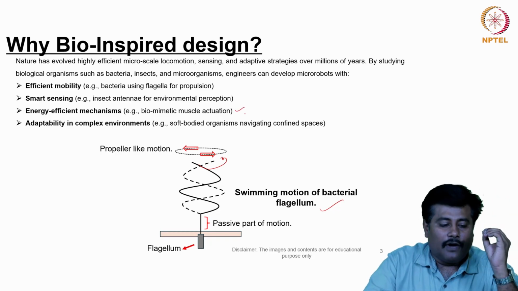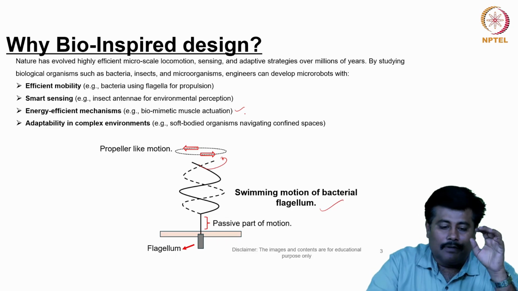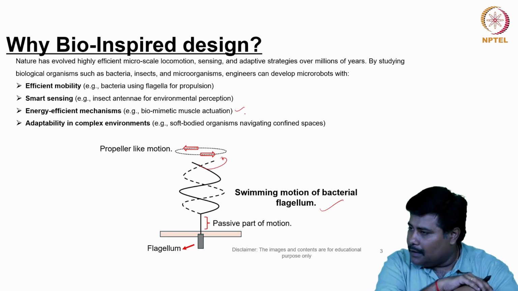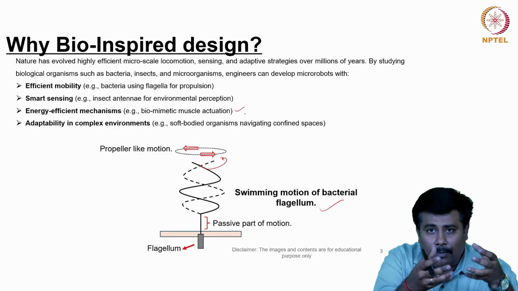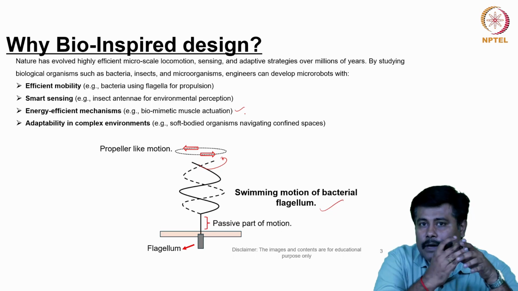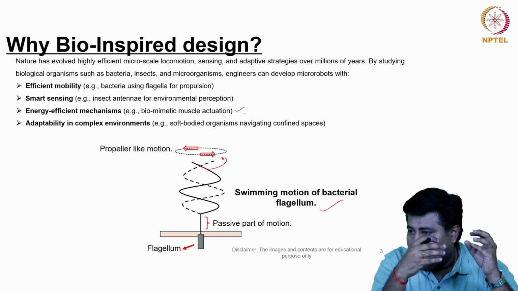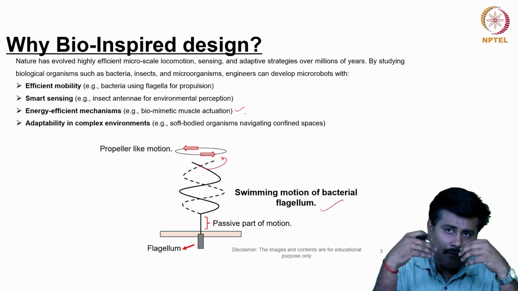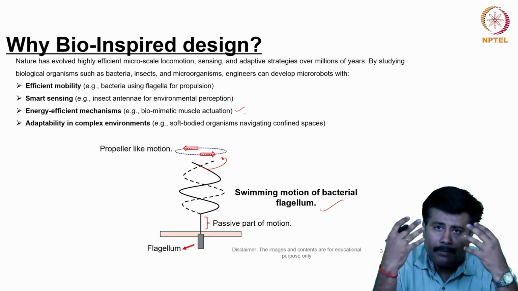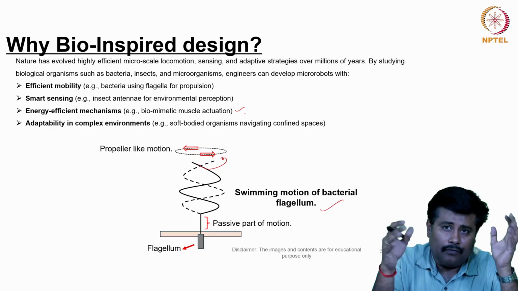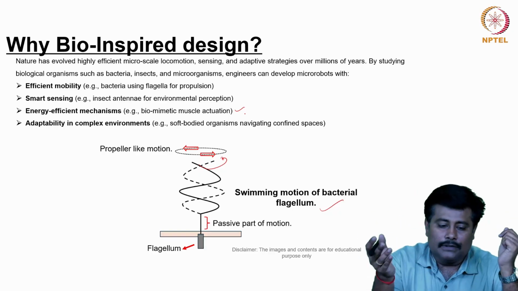Then we have adaptability in complex environments. In certain cases, we may need to use such micro robots for biomedical applications. In certain cases, we may need to use them for inspection related applications. Sometimes they may need to flow in a liquid environment, sometimes in an air environment, or sometimes in a cloud-based environment.